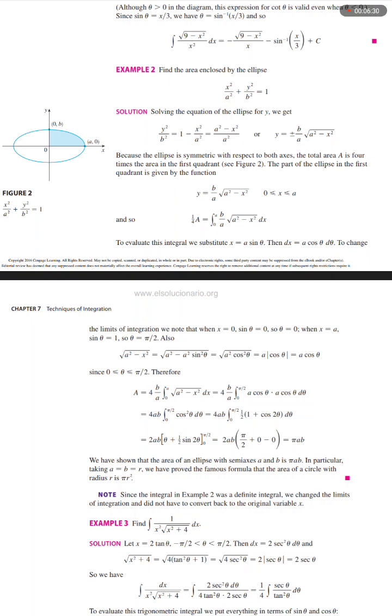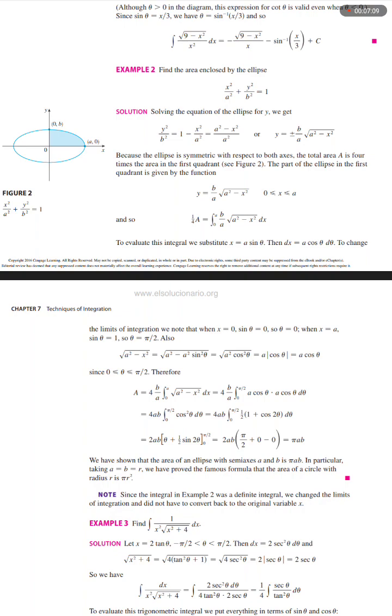Because the ellipse is symmetrical with respect to both axes, the total area A is 4 times the area in the first quadrant, see Figure 2. The part of the ellipse in the first quadrant is given by the function y equals b over a times the square root of a squared minus x squared, where x is greater than or equal to 0 but less than or equal to a.